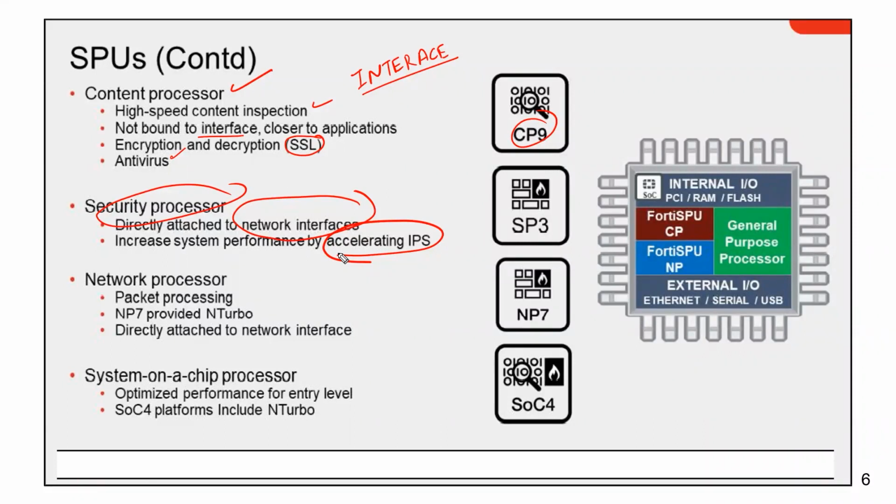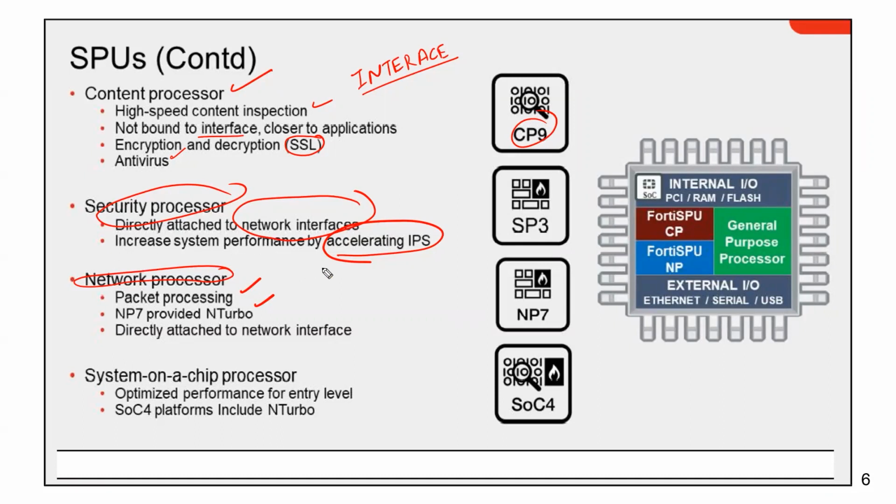Now next is the network processor. The network processor works at the network level, doing packet processing, NP7 provided by N-Turbo. We saw that in the last slide, directly attached to the network interface. So when it comes to the SP and the network processor, these are the two things directly connected to your interfaces.